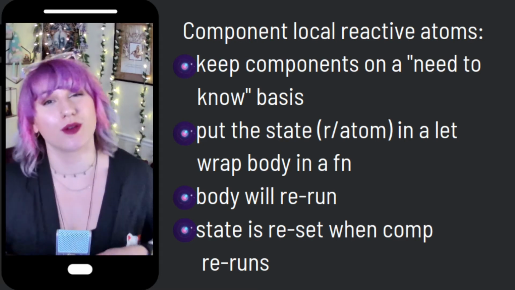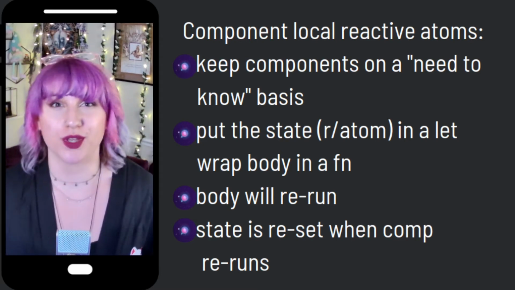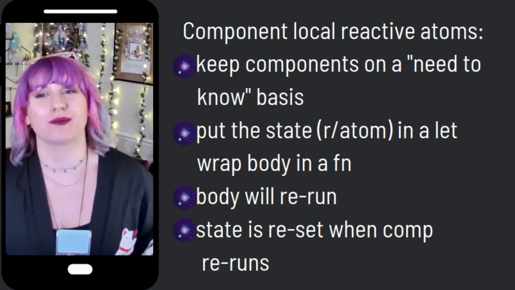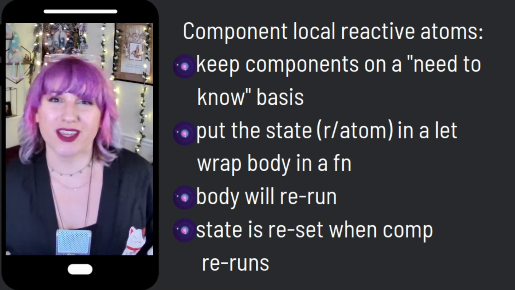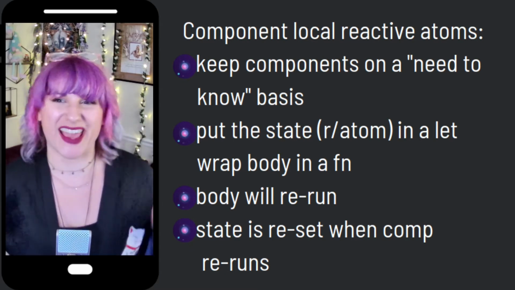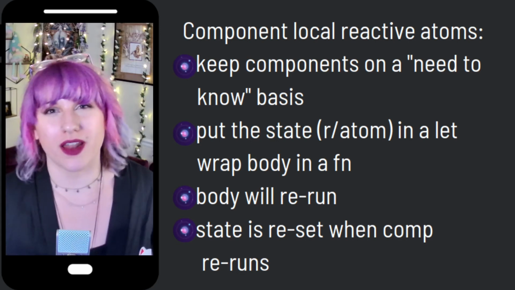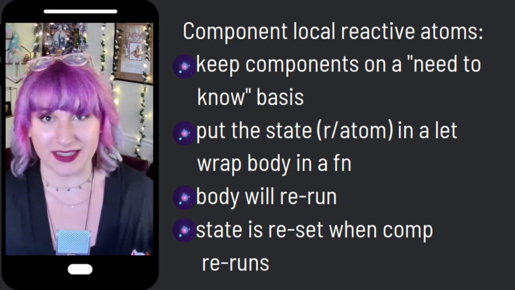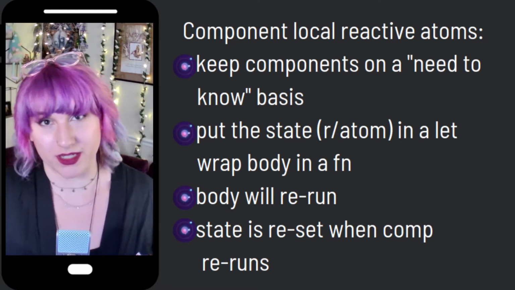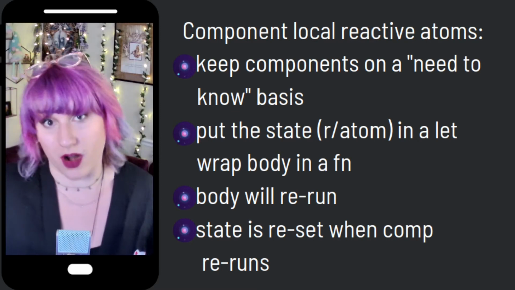Good. So another flavor of managing reactive state is using component local reactive atoms. There's a school of thought that says that you should really keep your components on a need to know basis. This school of thought has reactive atoms declared in the let of a component and then wrapping the body in an anonymous function.